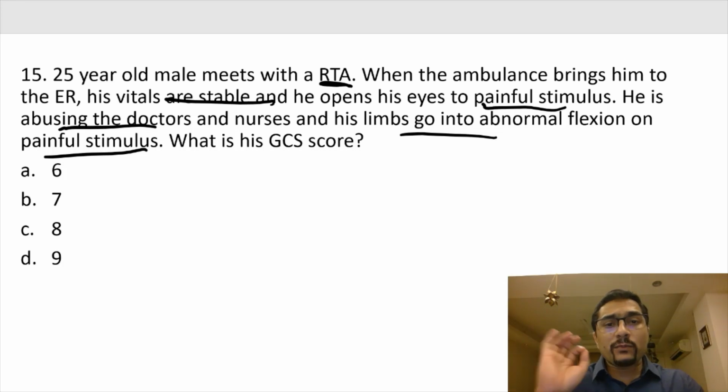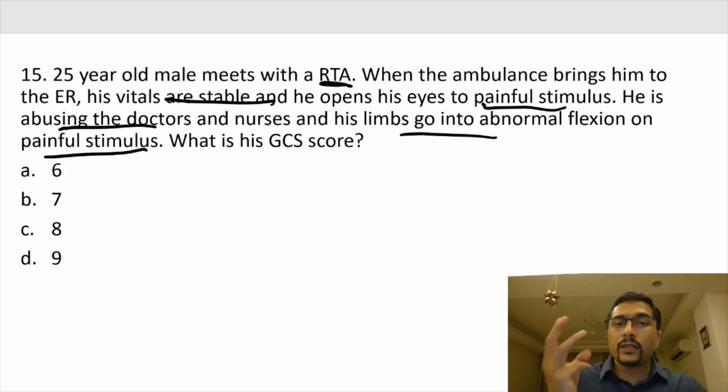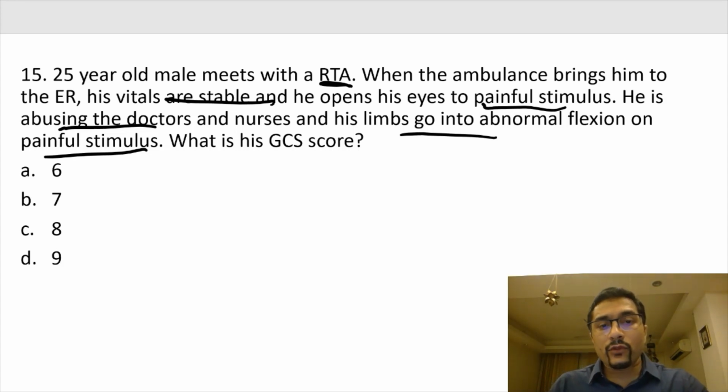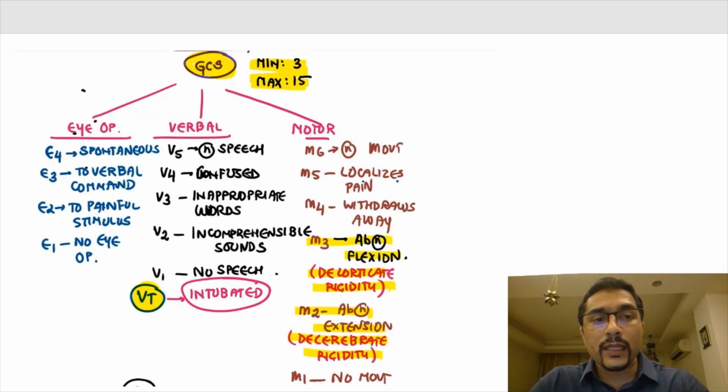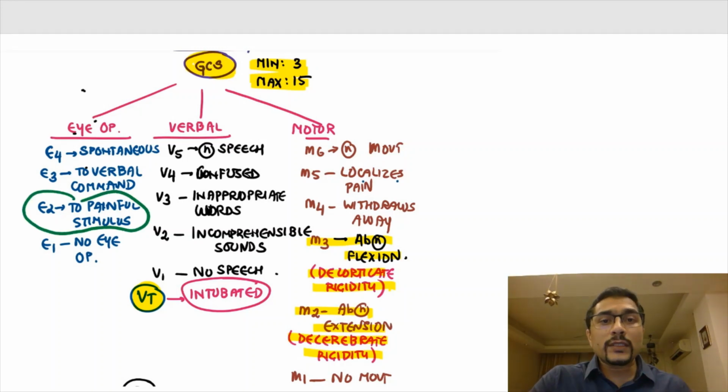So you need to memorize the GCS score. You know it has 3 components: eye-opening, verbal response and motor response. And if you add them up here, the score turns out to be 8. How? So you can see that eye-opening is to painful stimulus, that is E2, right? He is abusing the doctors or abusing the nurses means inappropriate words.